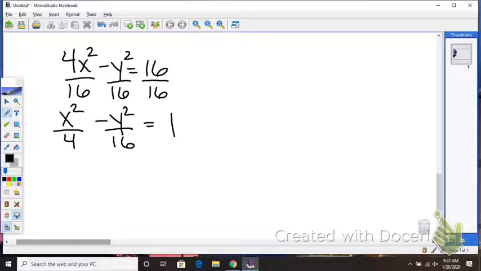Your x is coming first, so does that mean this is a horizontal one or a vertical one? Horizontal. So I can go ahead and sketch this graph. Why don't you guys try to sketch it on your own? Although I should have you do some asymptotes to sketch it. Sketch what you know.